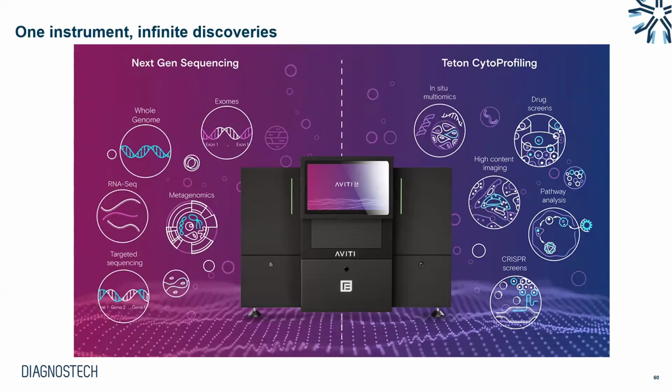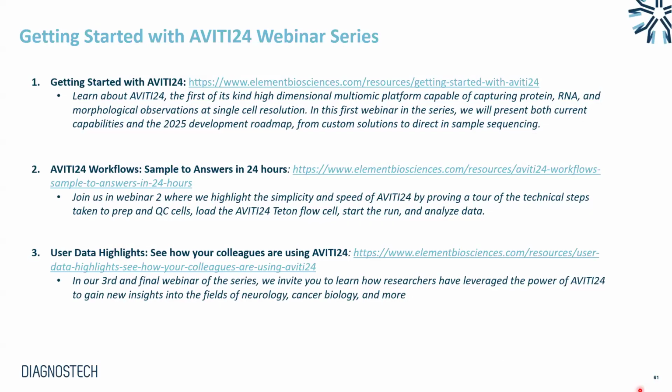AVITI 24 really empowers endless possibilities for biological discovery in a single platform. If you would like some more information, there is an Element AVITI 24 webinar series that you can have a look at, or you are more than welcome to contact us and we can share more information.